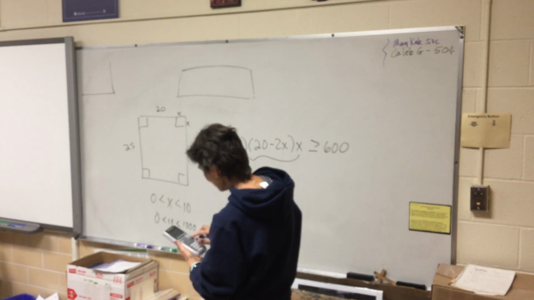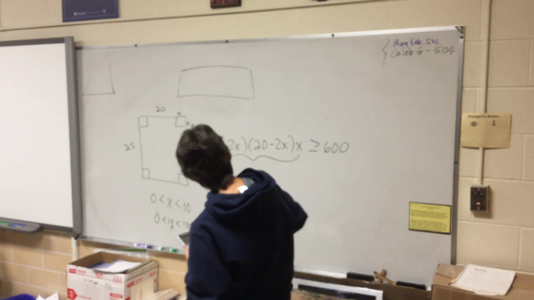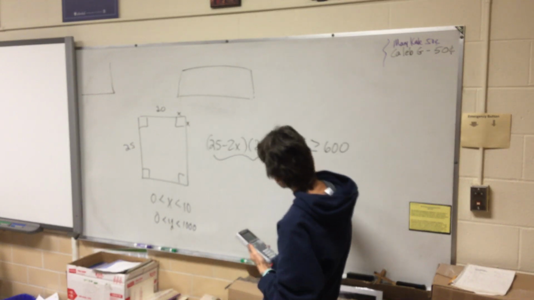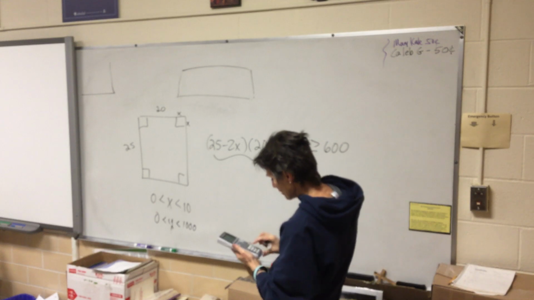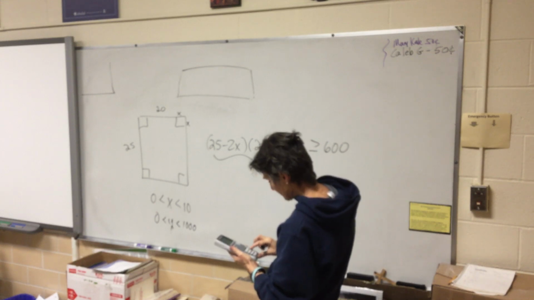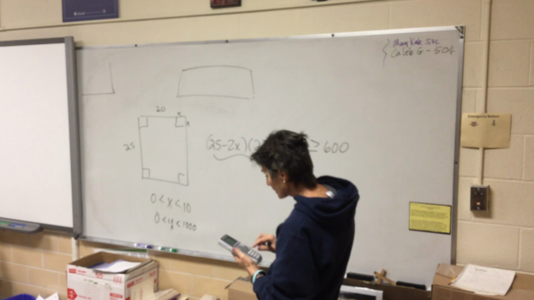Now you can graph this however you want. There are a couple different options. I think I'm going to go ahead and put this in as one equation and then put 600 in as the other equation. For me, that works best. It is not the only way to do it at all.